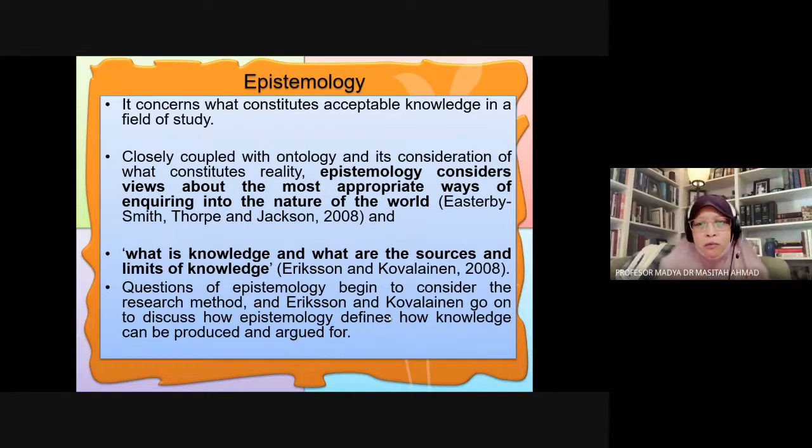When we talk about epistemology, it considers the view about the most appropriate way of inquiring into the nature of the world. That is based on Easterby-Smith, Thorpe, and Jackson 2008. So that is how epistemology can be considered by the researcher.